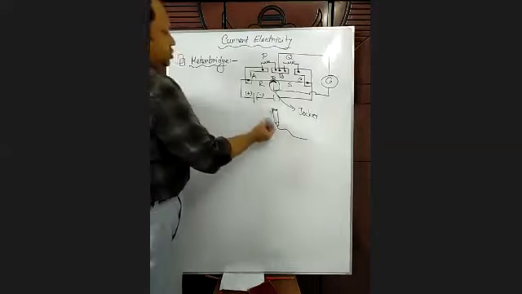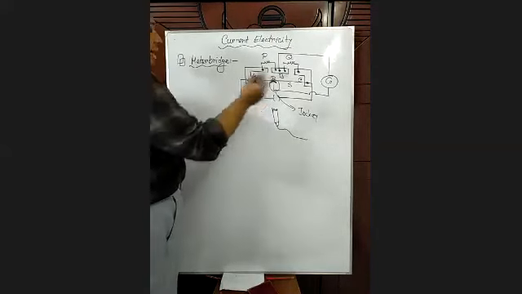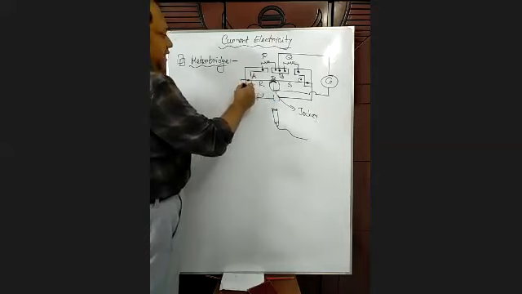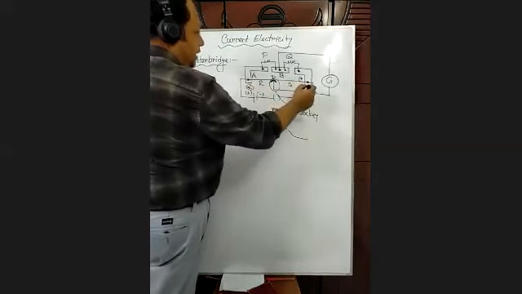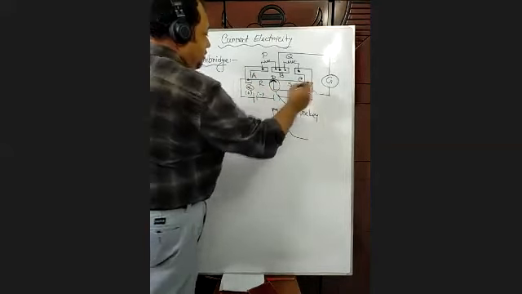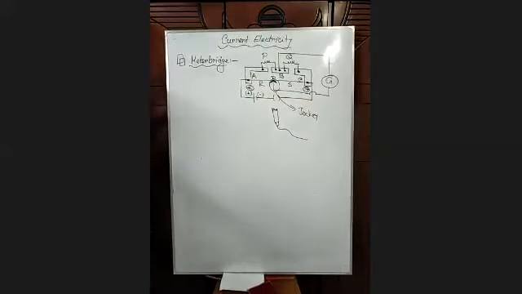If I touch this jockey at point A, the galvanometer will deflect to the left side. And if I place the jockey on the right point, the galvanometer will deflect to the right side. So there will be two-way deflection when I touch the jockey at point A or at point C.